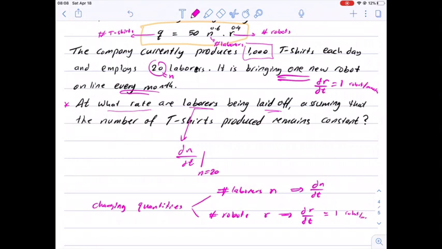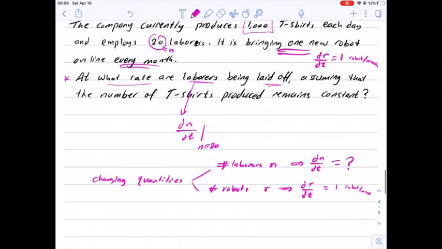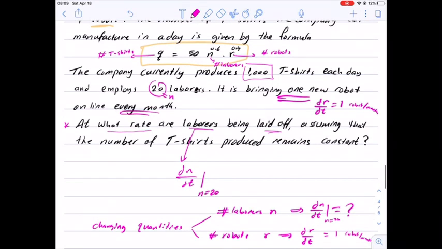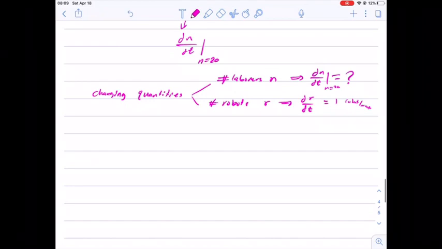Dr over dt is given. It's one robot per month, and this quantity that we need to calculate or to find is dn over dt when number of laborers is 20.